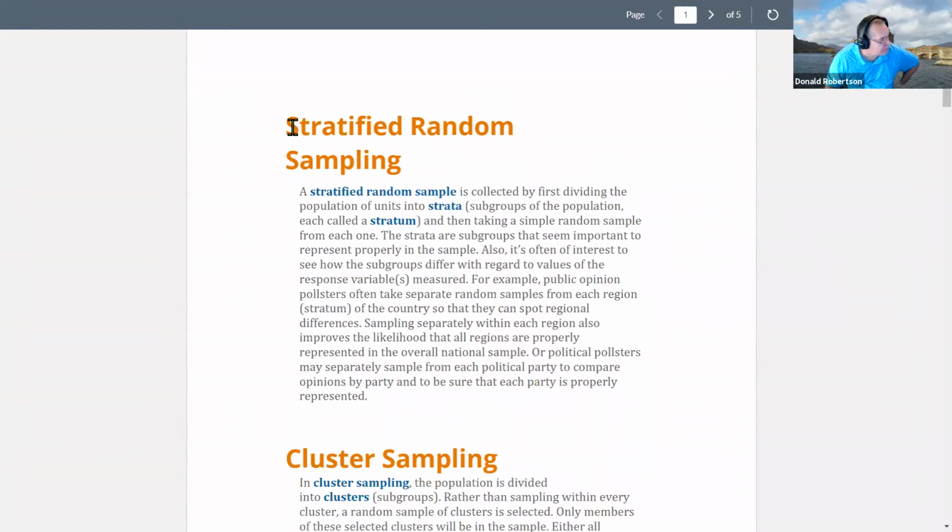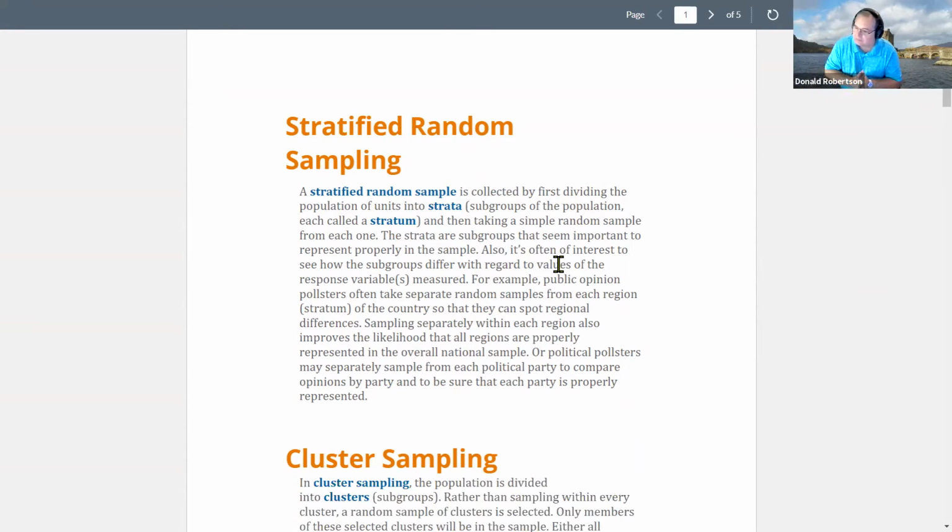So here's an example of a sample. It's called a stratified random sample. What you do here is you take your sample, and it's collected by first dividing the population into units called strata. I'd call them subgroups. So you imagine your population is all adult voters in America.